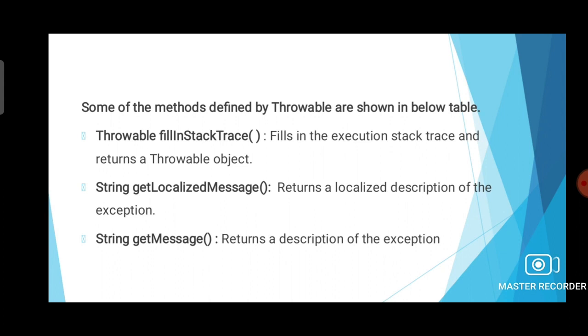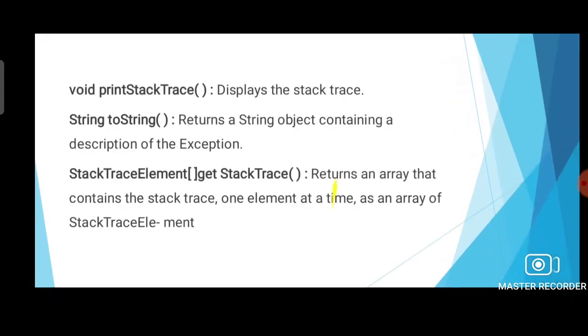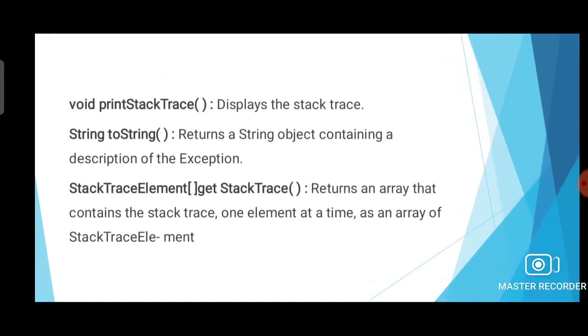String getMessage: it also returns the description about the exception in the form of a message. Void printStackTrace: it is used to display the stack trace. String toString: it is used to return the string object containing the description of the exception.